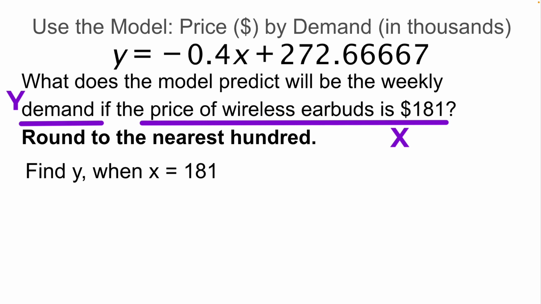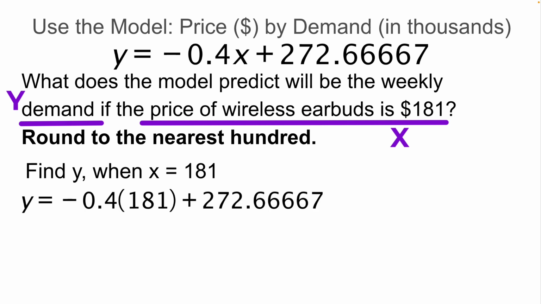To solve this, we would plug 181 in for X. So we would have Y equals negative 0.4 times 181 plus 272.66667. Do not round your answers until you've done all of the numeric calculations.